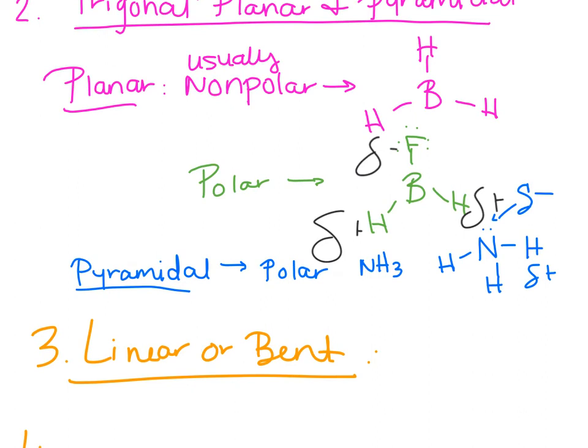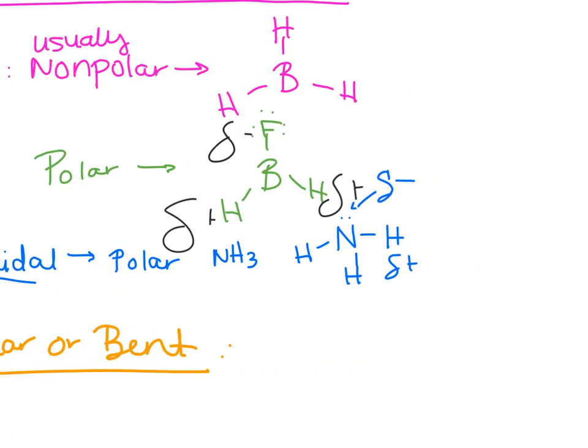What about pyramidal? Pyramidal's normally going to be polar, and here's why. You can see here as just an example, you're going to have your nitrogen trihydride. Pyramidal, by definition for molecular geometry, is when you have one element surrounded by 3, and the element in the middle has unshared pairs of electrons, which are these guys right here. Those are going to help with the partially negative charge.